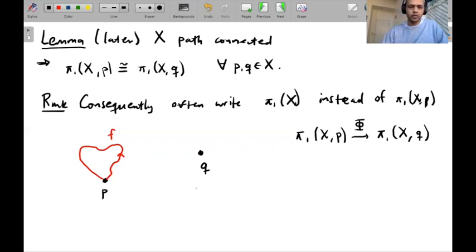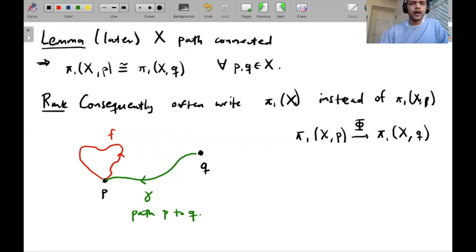To get such a thing, let's choose a path, call it gamma, from P to Q, which exists because X is path connected.